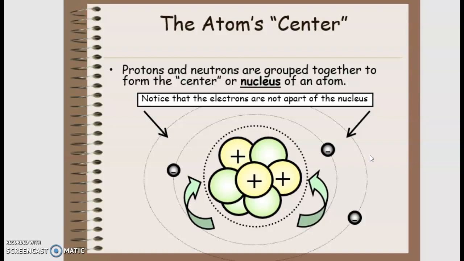So, just to recap, the atom is made up of 3 subatomic particles. Protons, which are a positive charge and located inside the nucleus. Neutrons, which have no charge and are located inside the nucleus, and the protons and neutrons are about the same size. And then you have your electrons, which are located outside of the nucleus.